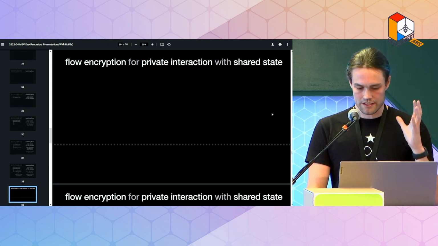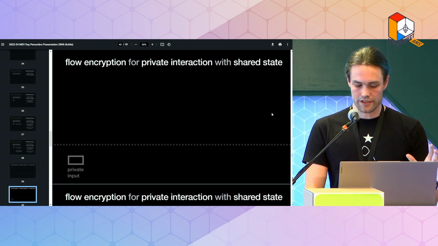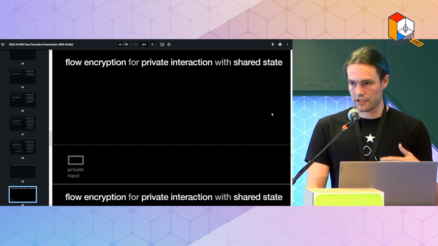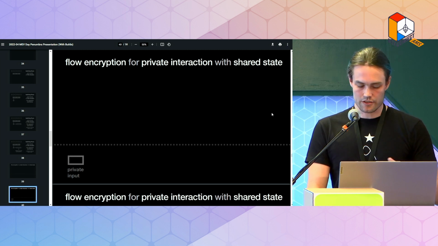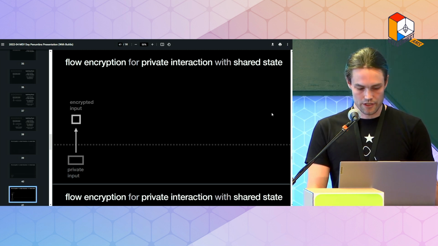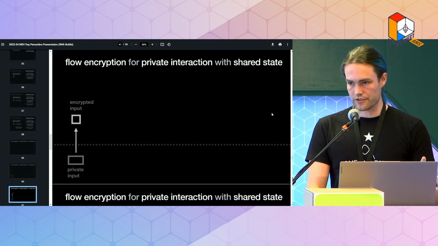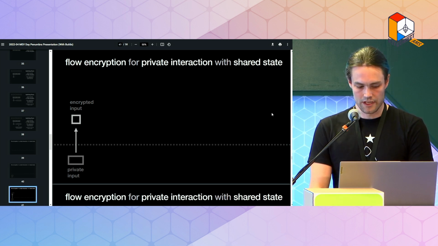And the basic flow, right, is somebody's going to start off with their private input, and they're going to do some transaction. As part of that transaction, they'll do whatever other stuff they're going to do, but they'll also produce this encrypted input.